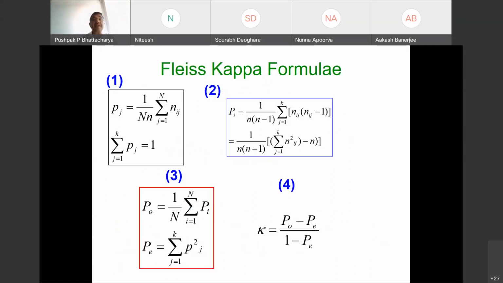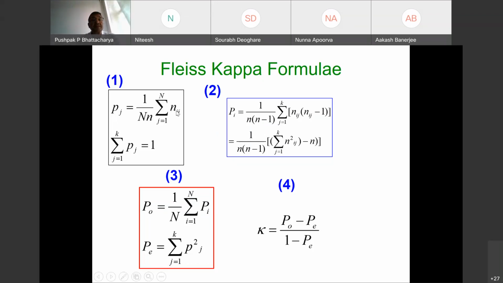And now here are the important formulae. Small pj is 1 by N into n, sigma i equal to 1 to capital N, nij. So what is the index here? It goes over the subjects, down the column.